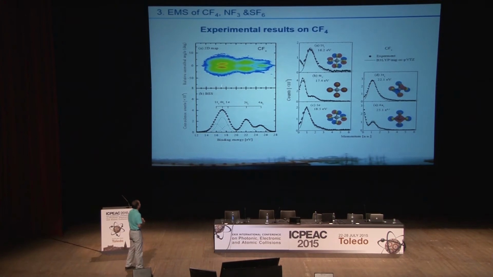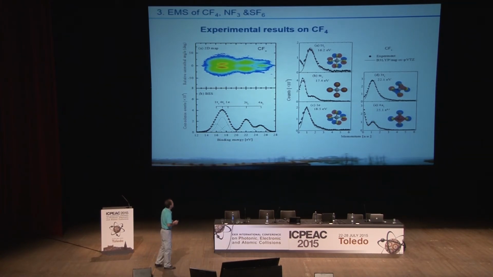This picture shows the experiment results on CF4 molecules. This is the binding energy spectrum. From these 2D maps, we can get the experimental electron momentum profiles for different molecular orbitals.